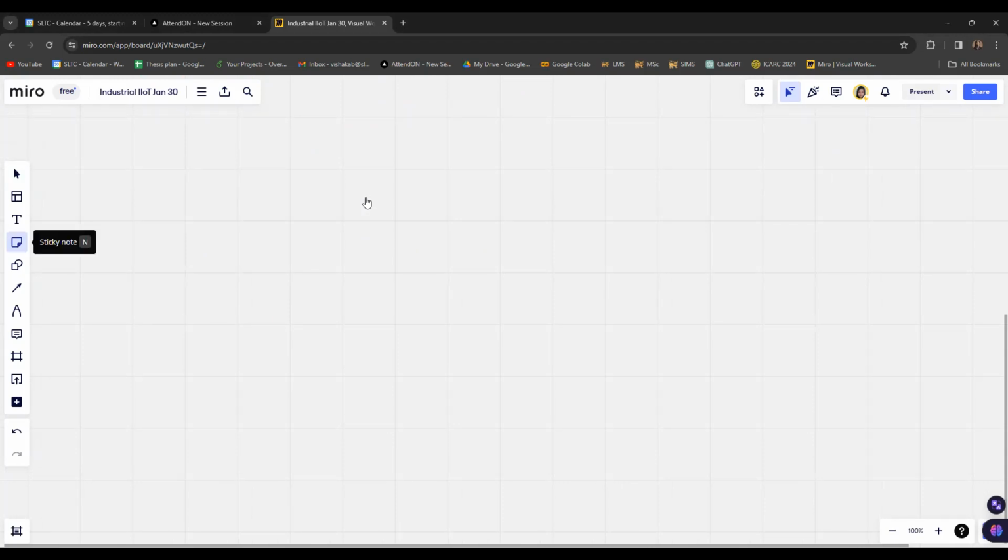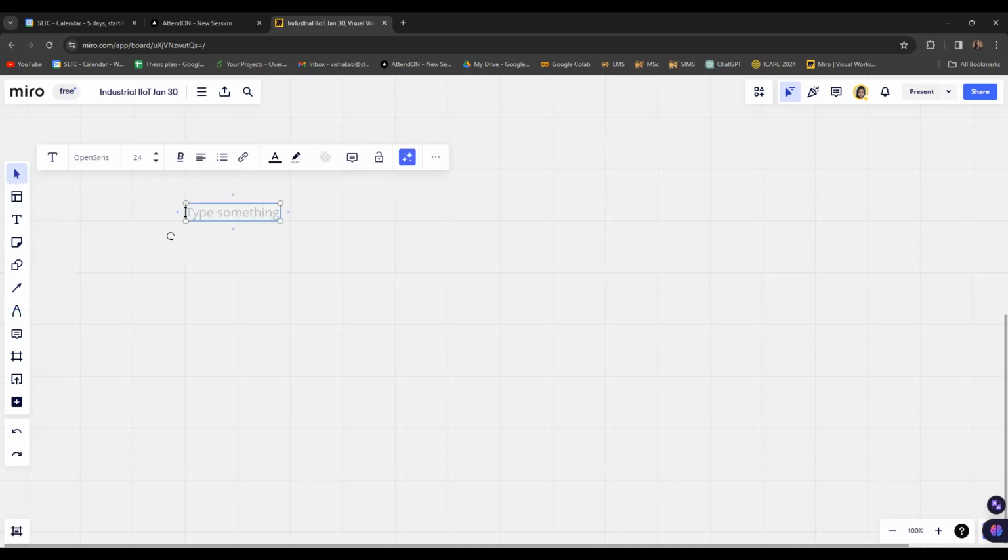So industrial standards have been defined, such as industrial 0.0, industrial 1.0. Likewise, there are different standards which are defined: industrial 0.0, industrial 1.0, then industrial 2.0, and so on up to 4.0.